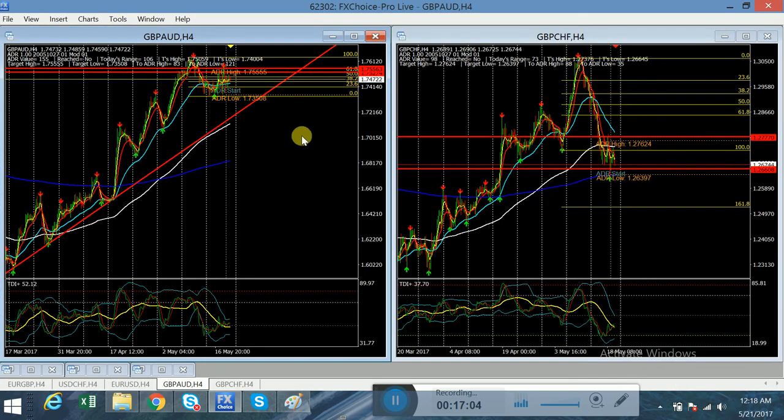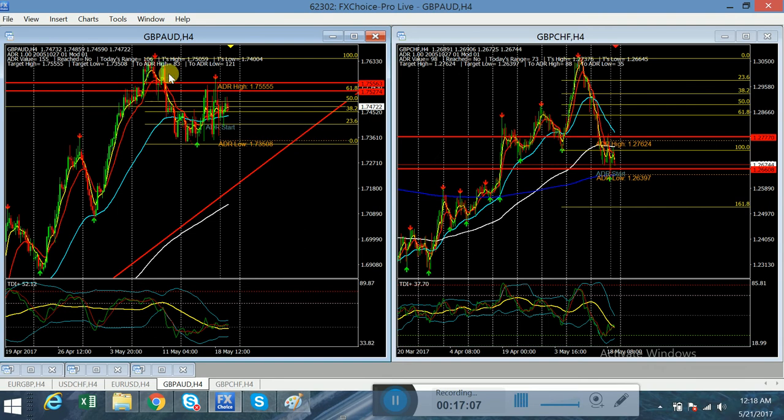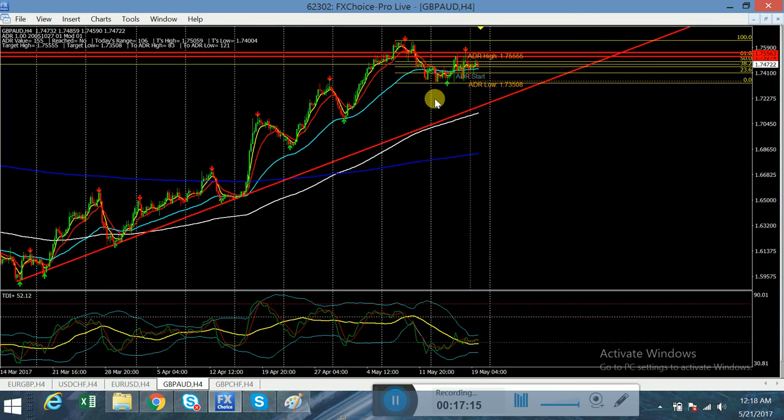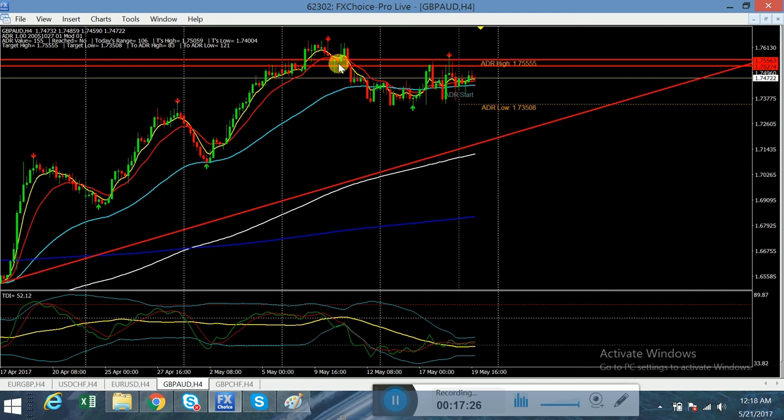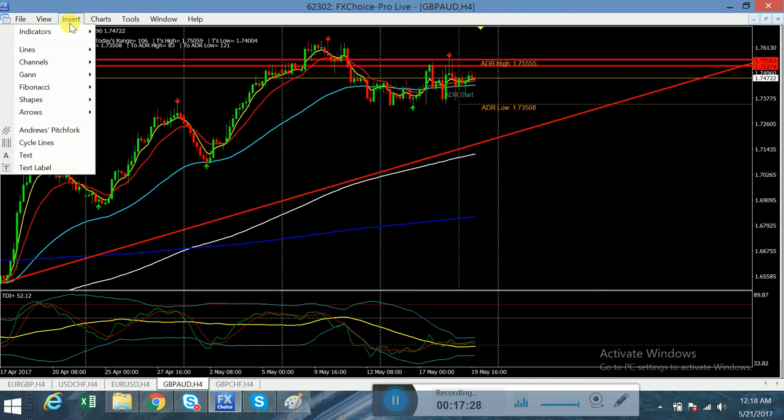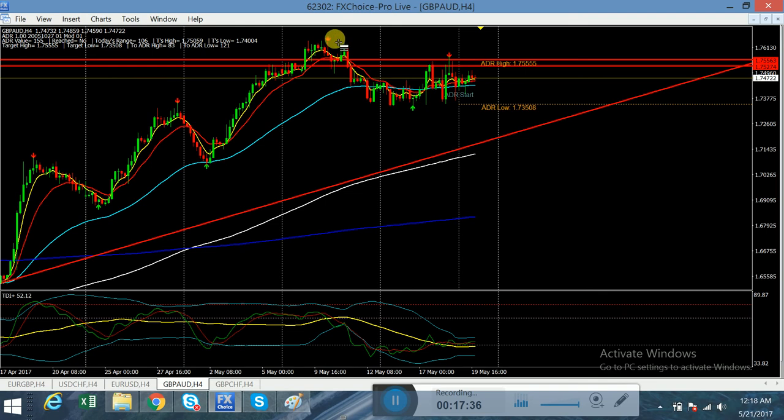Now as far as seeing something like this, if we can comfortably and confidently say that this is going to be the high, where price actually reverses at the 61.8, we can erase this one. And we can go here.